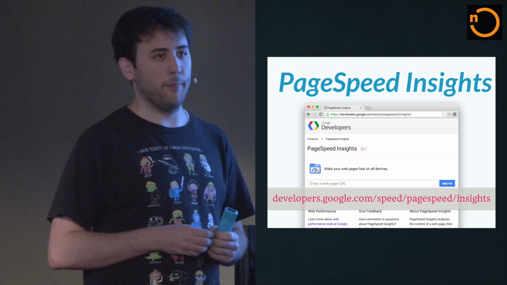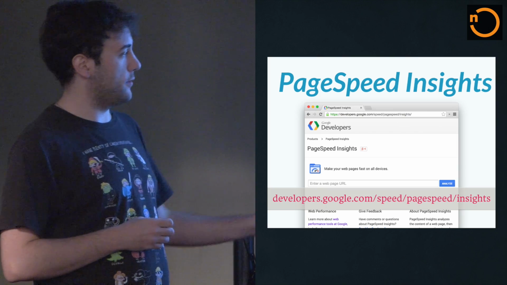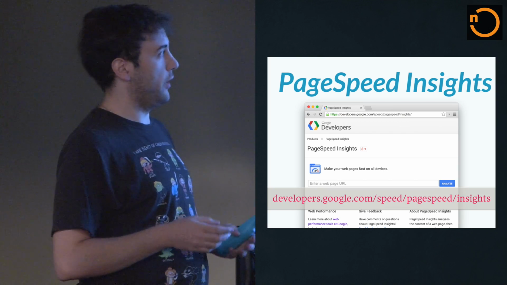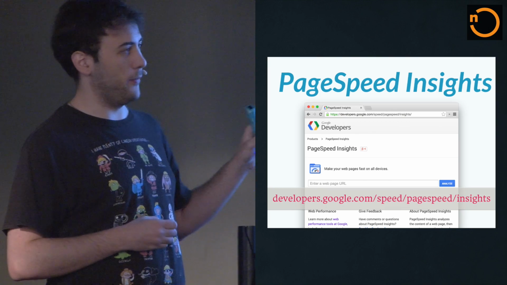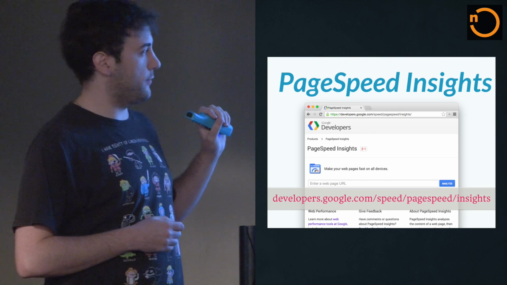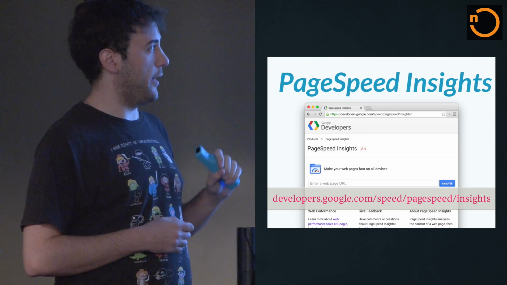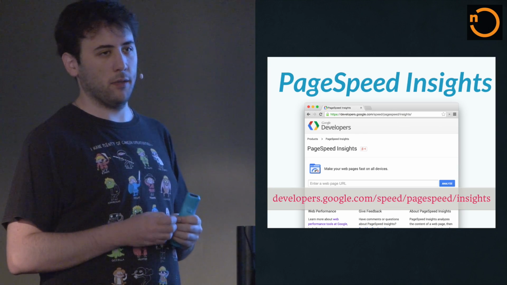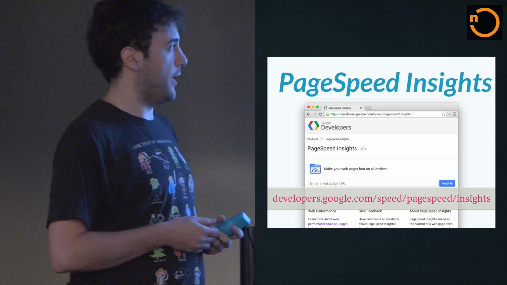Another tool is PageSpeed Insights. If you don't know this one, you should check it out. That's the URL, or you can just Google it. Basically, it's a hosted service that Google has for you. You just enter your URL on their site, and it'll take a couple of seconds to run an analysis on your site.